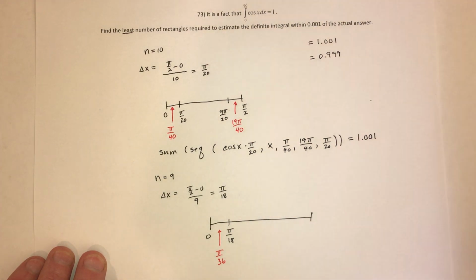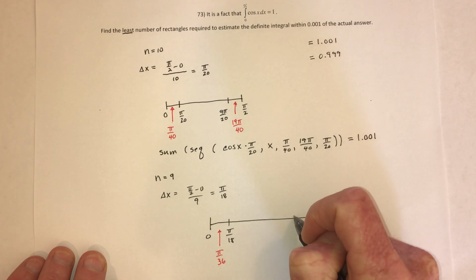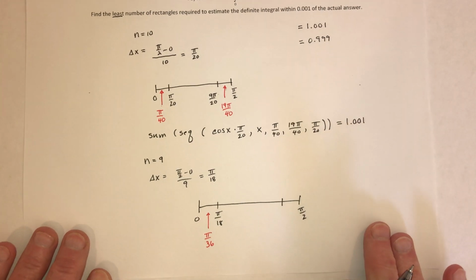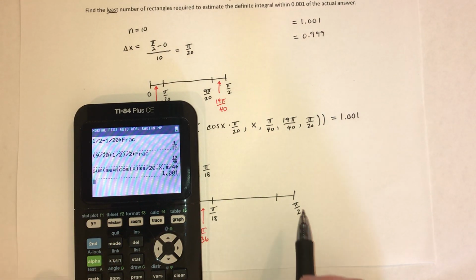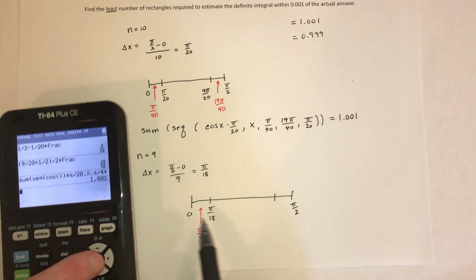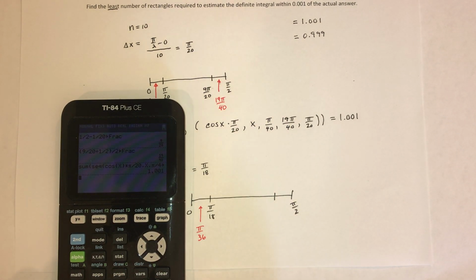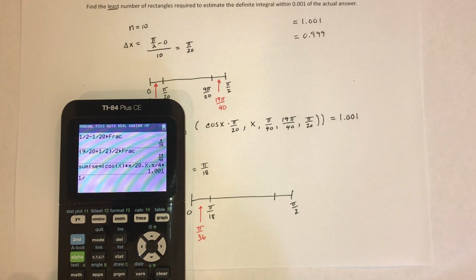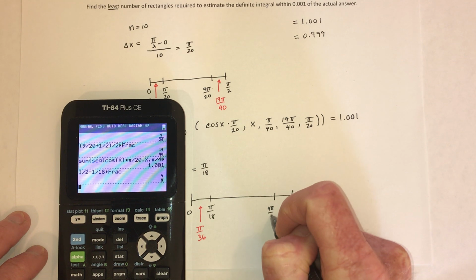Now what about this last interval? So this is pi over 2. And if you go to the left of that, this is a length of pi over 18. So if I have a half and I go to the left by 1/18, then that's 4 pi over 9.